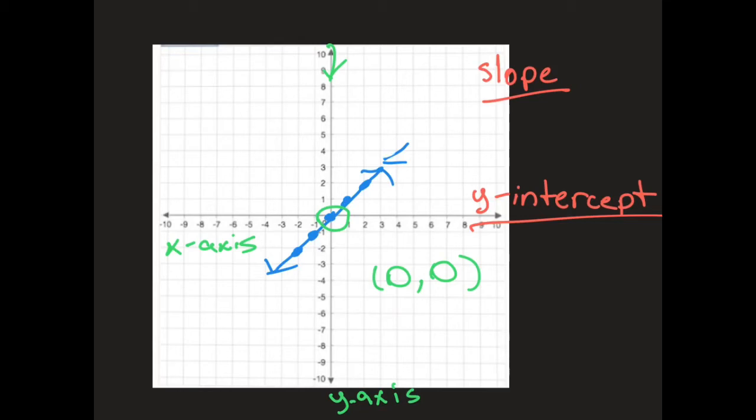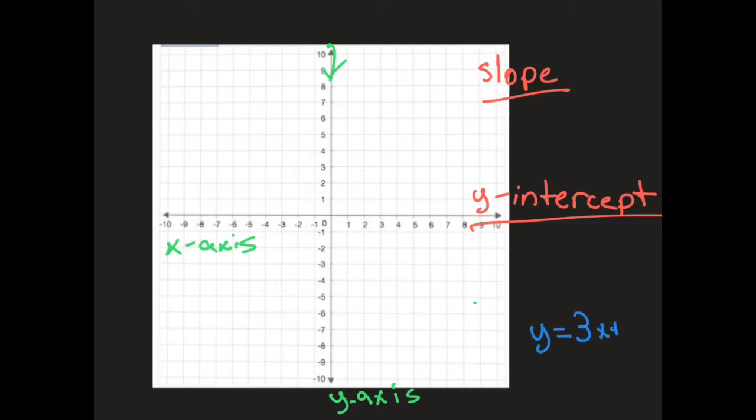So we can use the knowledge of a y-intercept to start graphing a line. Let's say we were given the equation y equals 3x plus 4, which I gave in the last slide, and you were asked to graph it.